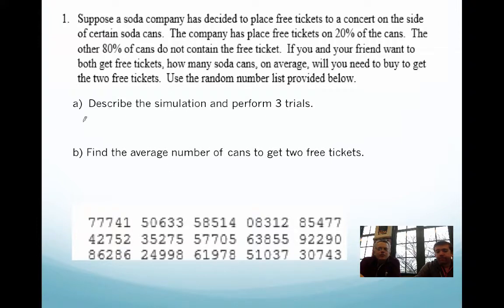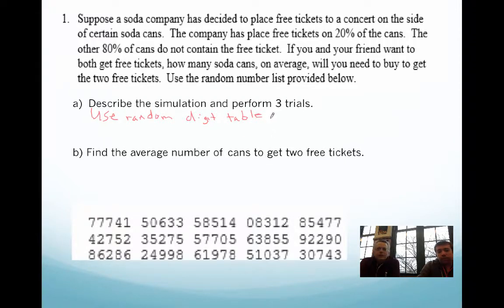So the first part of the simulation is to describe the simulation. This is actually the important part. So we're going to use the random digit table. And since this involves percents, they're nice percents, but let's get in the habit of using 2 digits for percents.